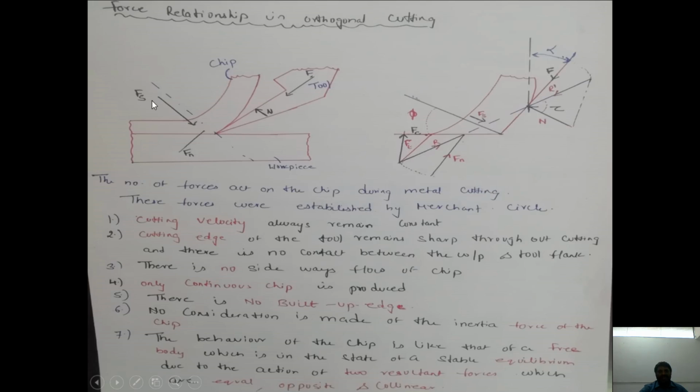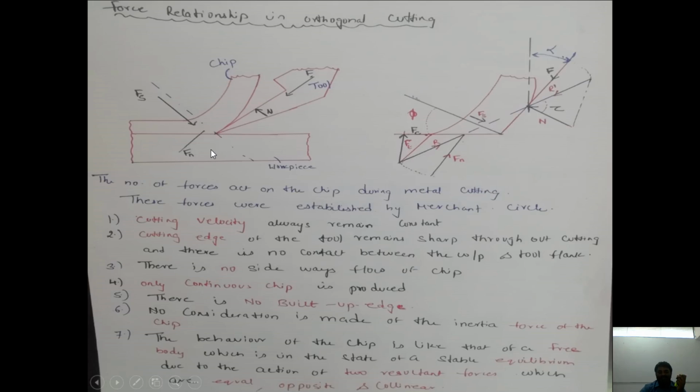Fs is the metal resistance, which means chip formation acting along the shear plane, the shear force. Fn is the backing up force, exerted by the workpiece on the chip, acting normal to the shear plane.